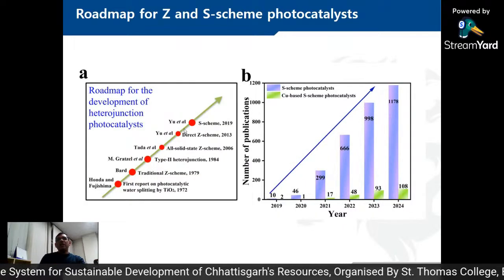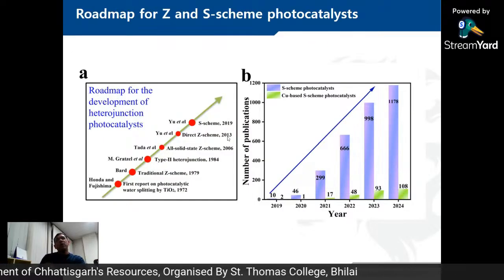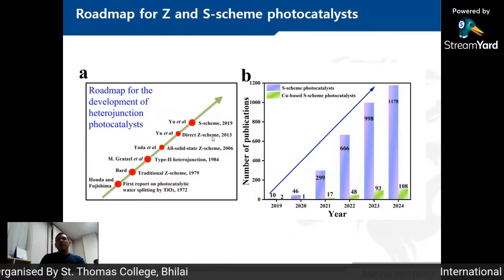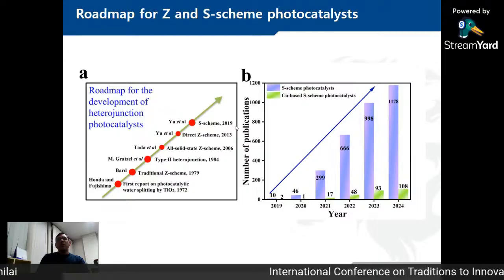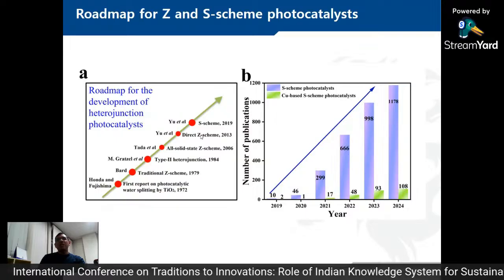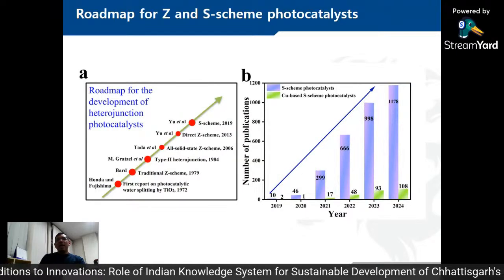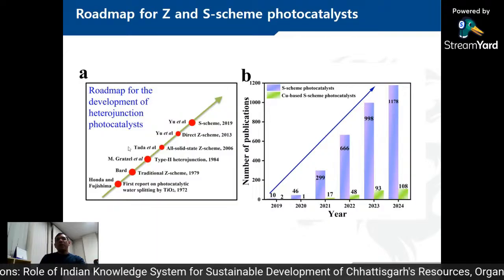In 2013, in my previous group in Wuhan, they produced the direct Z scheme process for hydrogen. And in 2019, we in our group were the ones who introduced Z schemes and S schemes to the system. From there, a lot of research has happened.